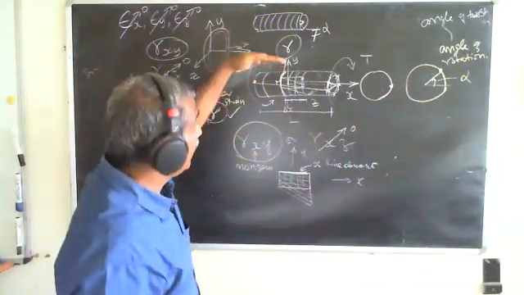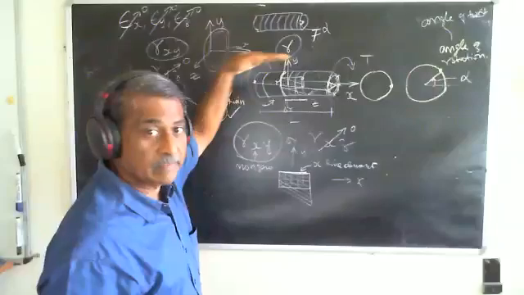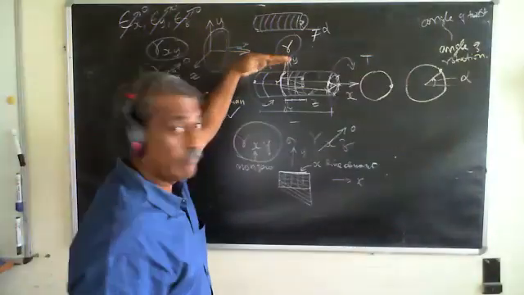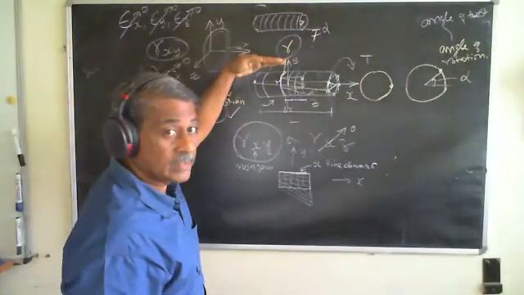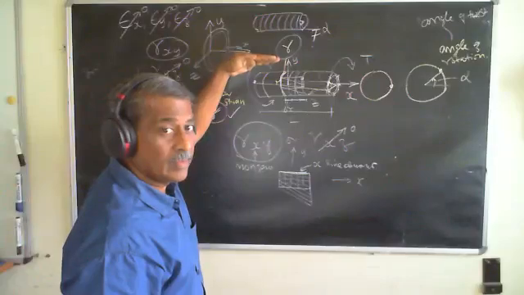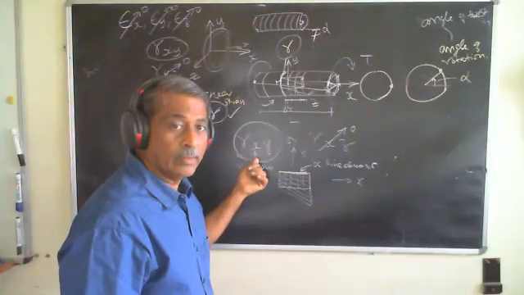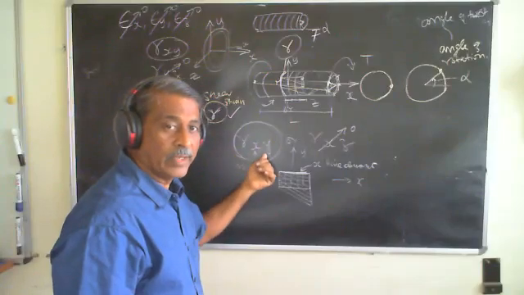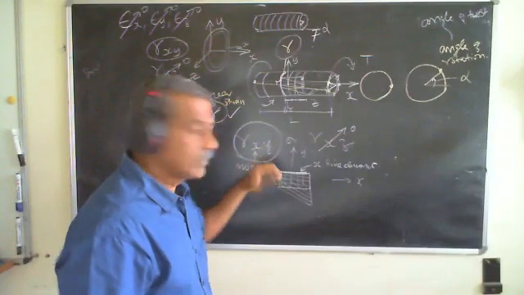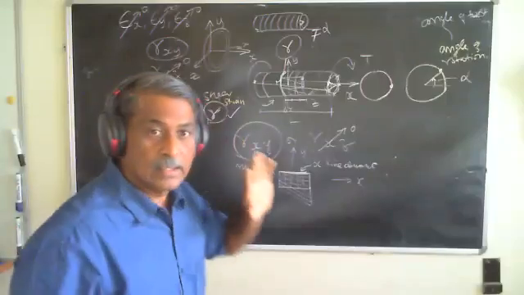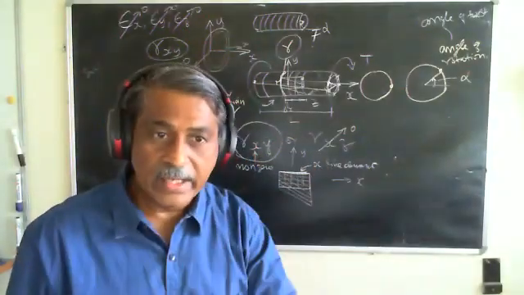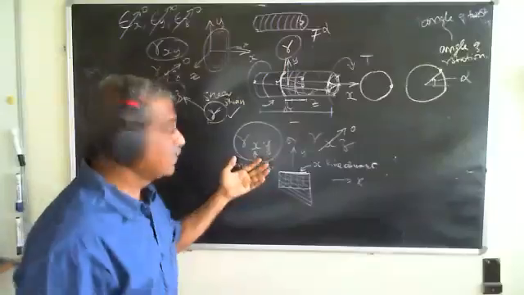Whereas if I take the top face, then I will have z coming into the picture instead of y. Is this clear? Since I'm taking Cartesian coordinates, we have this difficulty.